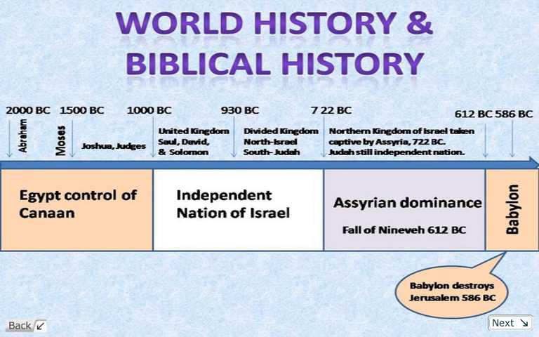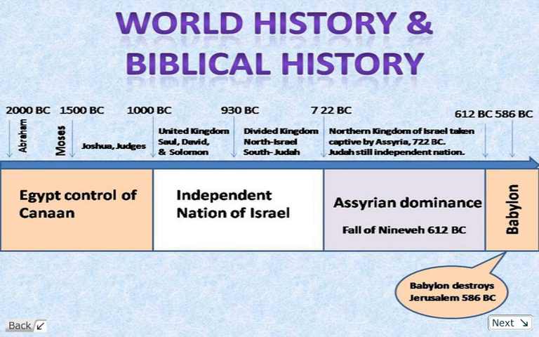Then another key date is 722 BC. This is when Assyria came, attacked the capital of Samaria, and destroyed the northern kingdom of Israel.